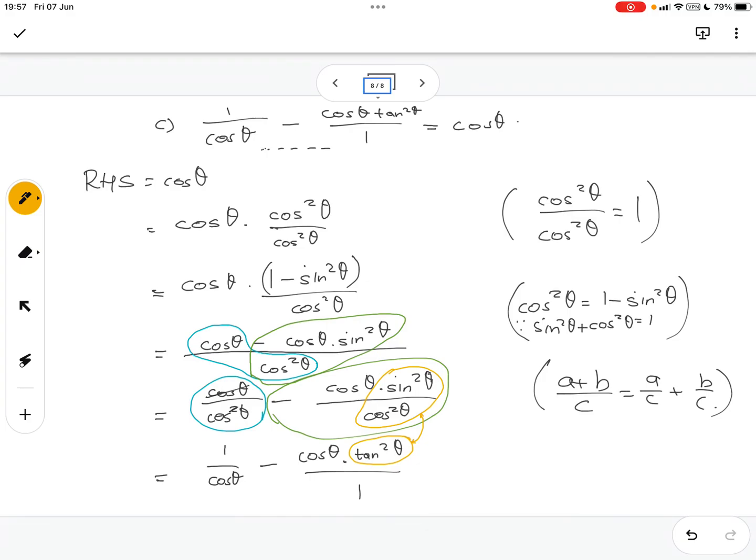And that tan squared, you see it? So that's that step here. Do you see it? Do you follow? And at this point, we can conclude that we've proven that our left-hand side equals right-hand side.